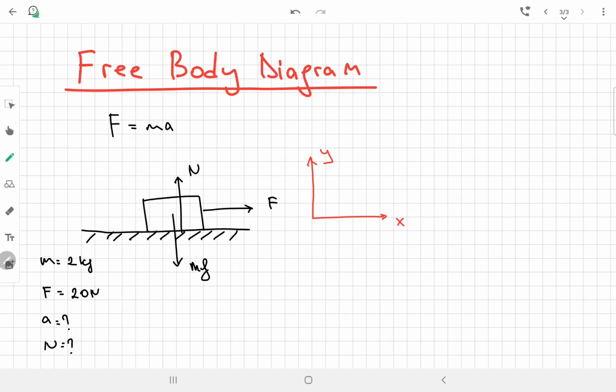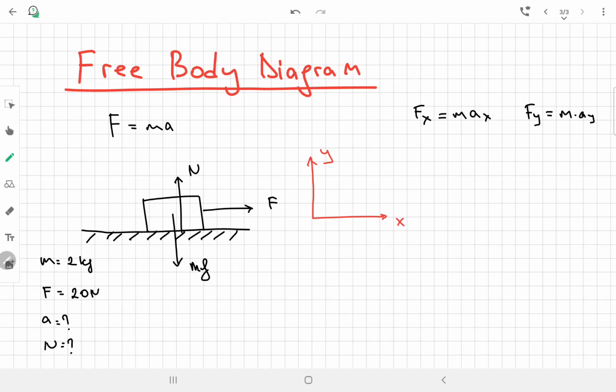You can apply Newton's second law in both directions. For example, the resultant force in the x direction equals m times acceleration in the x direction. Also, you can apply the same equation in the vertical direction: the resultant force in the y direction equals mass times acceleration in the y direction.